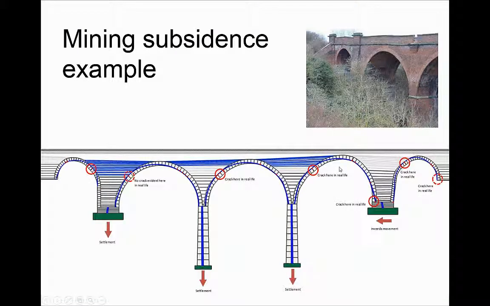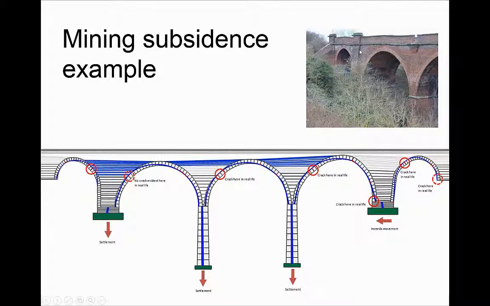I think in the last webinar covering masonry arch bridges, I showed a bridge that had been subject to quite severe mining settlement. It was a 5-span bridge, and I've just got a settlement analysis of this structure below. Actually, it's a little bit confusing.